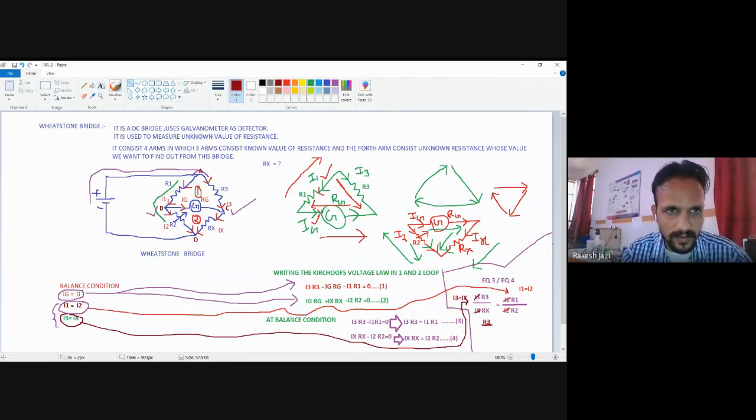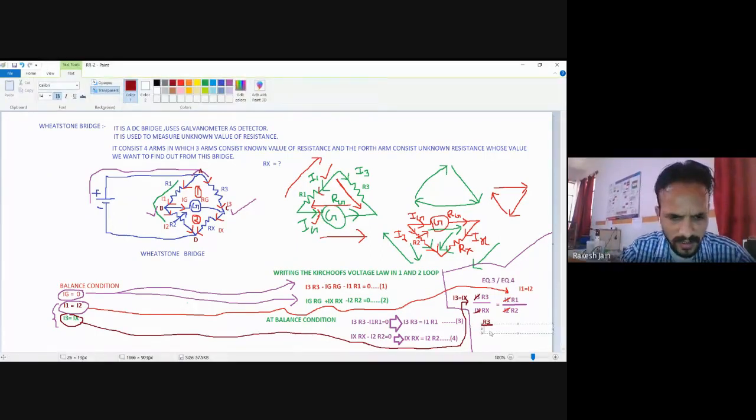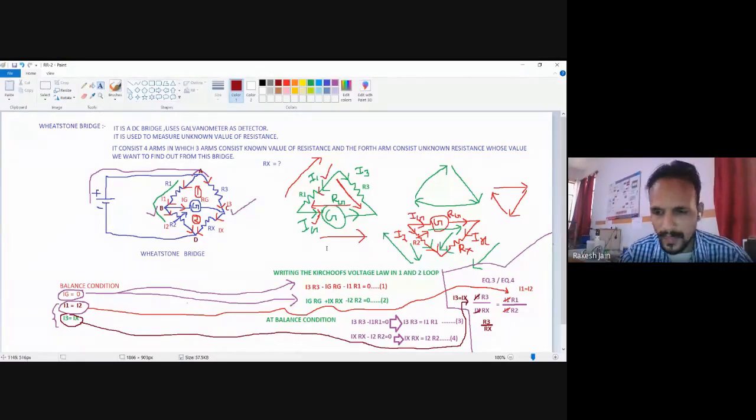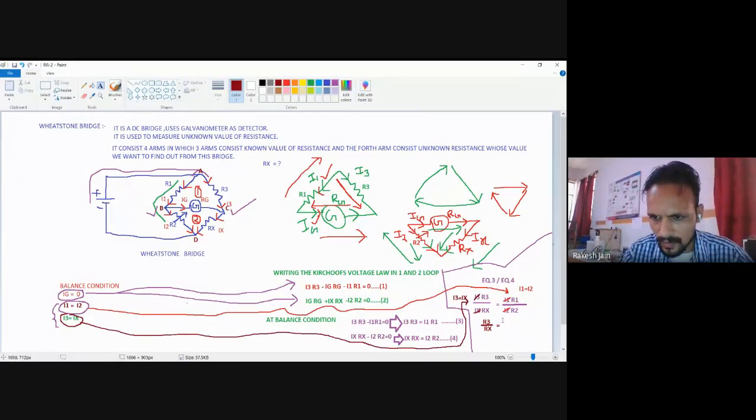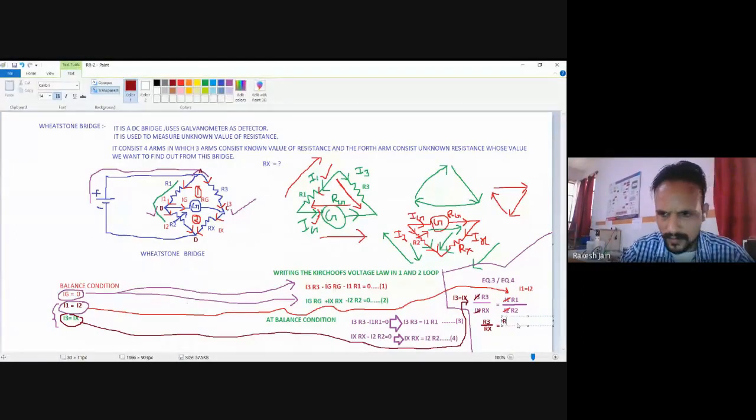Now within 2 minutes our topic will be completed. So R3 divided by Rx will be equal to R1 divided by R2.